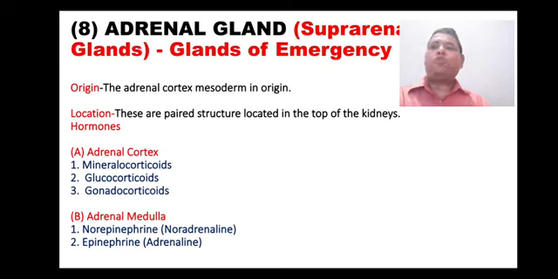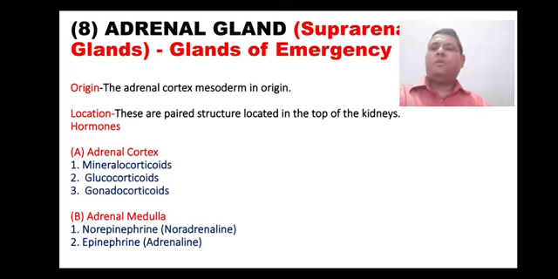Cortisol stimulates the breakdown of fats in adipose tissues and releases fatty acids into the blood, and thus cortisol has anti-insulin effects. It also helps in reducing pain. Cortisol is anti-inflammatory.